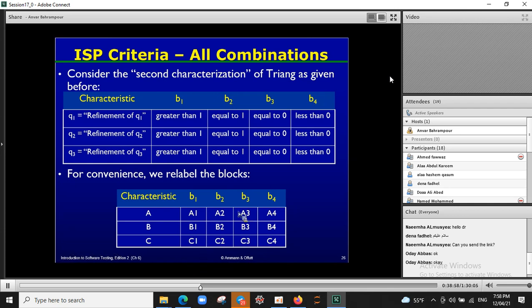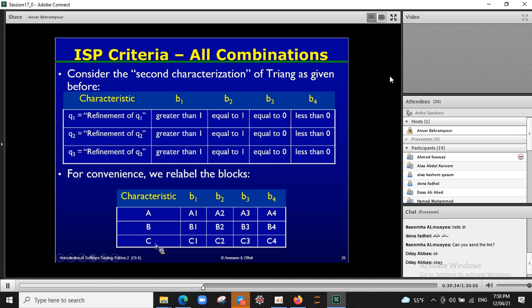And this is the same for side C. So if we model our input domain like this table, we have 64 combinations, because for A1, for the A characteristic, we have 4 different blocks.